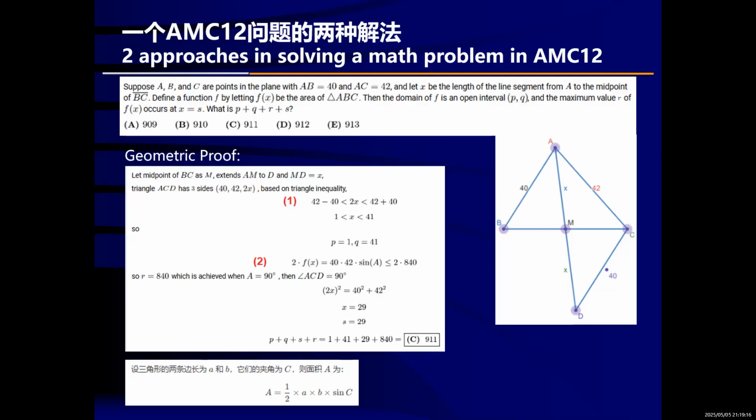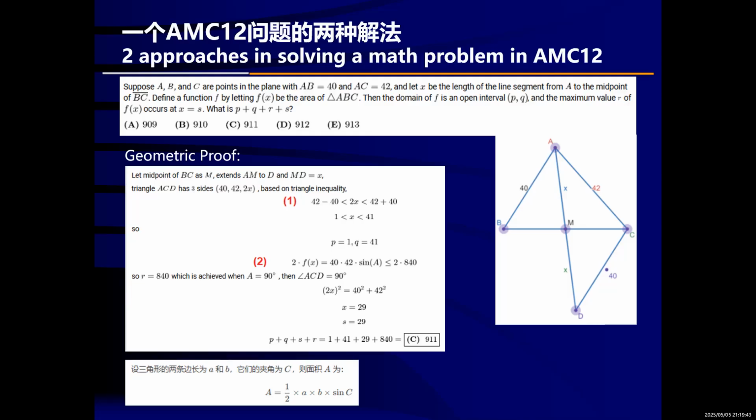Since the maximum value of sine is 1, R, the maximum value of the function, is 840, which is achieved when the angle BAC equals 90 degrees. If the angle BAC is 90, then the angle ACD is also 90 degrees.